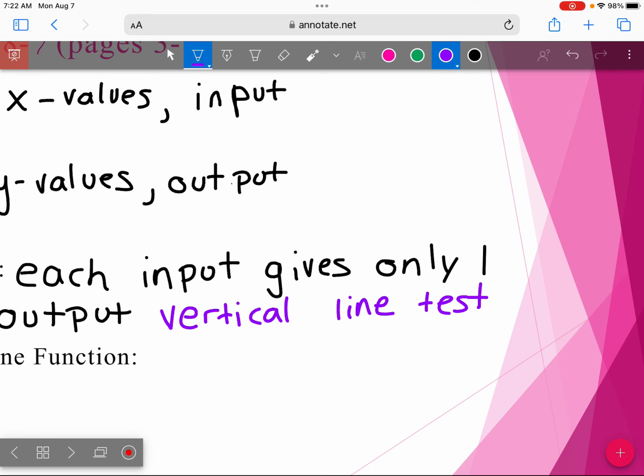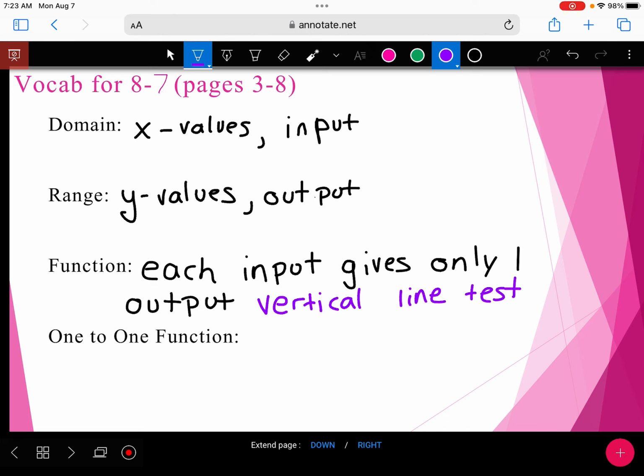Which means I need my super duper high-tech, fancy schmancy vertical line test tool, also known as a steek. Vertical line test is literally we take a vertical line and we say, does it ever cross more than once? You use a steek of power. And I will show you what this means when we get into some pictures.